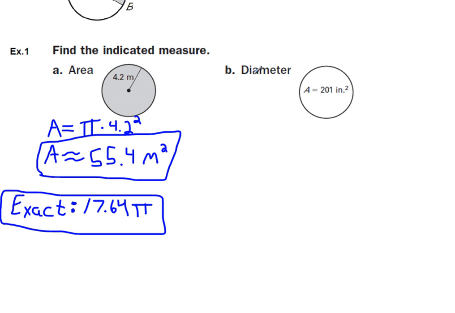All right. B, we need to figure out the diameter. This time we know what the area is. It's 201 square inches. So we'll start with that, and that will equal pi r squared. Let's go ahead and get the r by itself. We're going to have to find the radius first and then find the diameter. We'll divide both sides by pi. So you can tell we're really going to be rounding here. These will definitely be approximate answers.